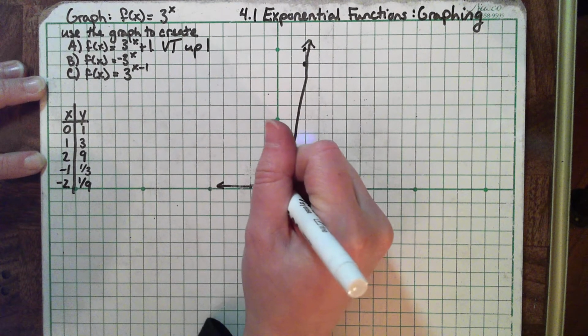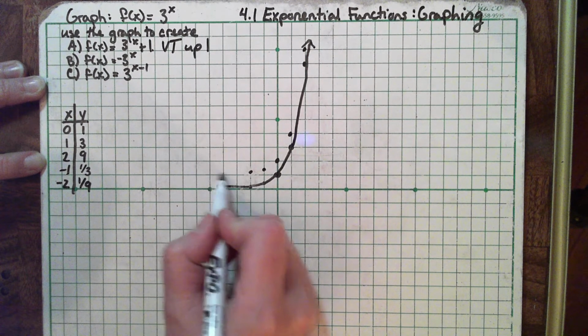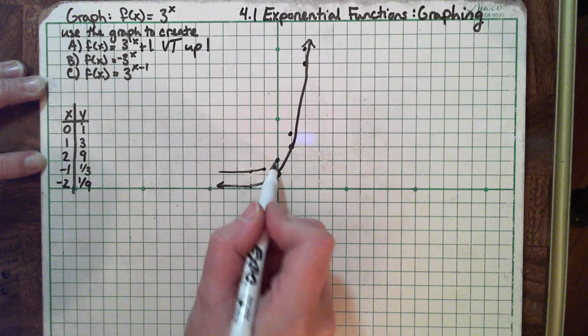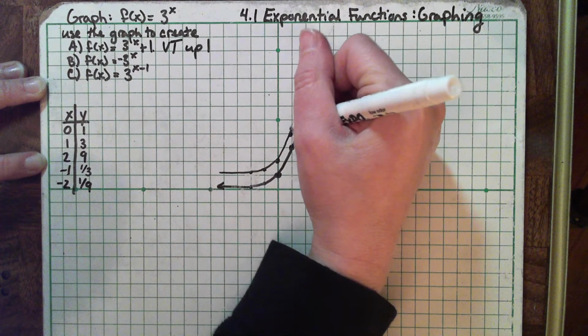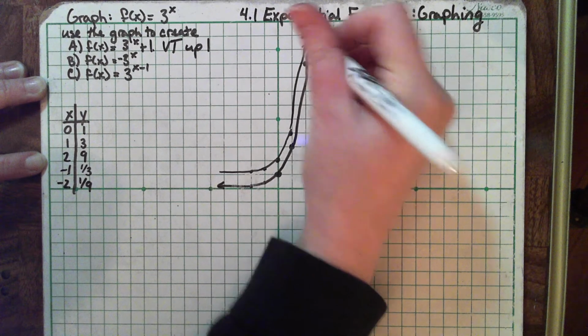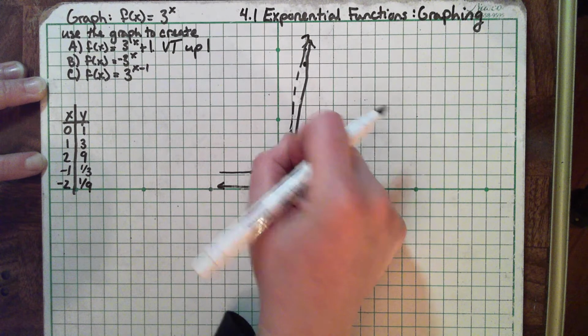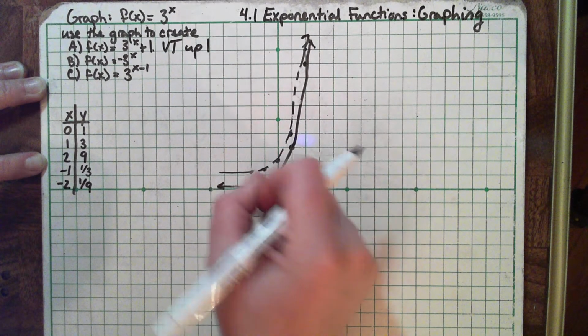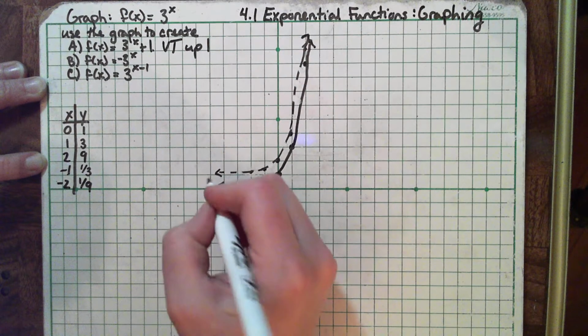This goes up 1, and this goes up 1. Even my horizontal asymptote, the x-axis, technically did go up 1. So that is my new function. You know what? I'm going to make it a dashed line so that you can tell the difference between that and my parent function. There we go, dashed line. Okay, so that is A.